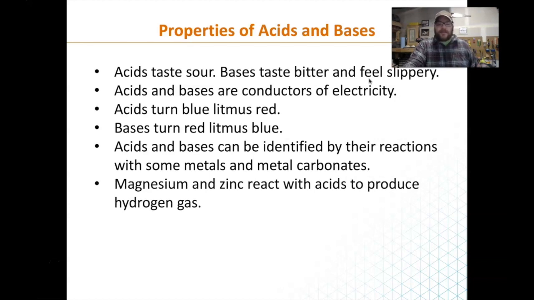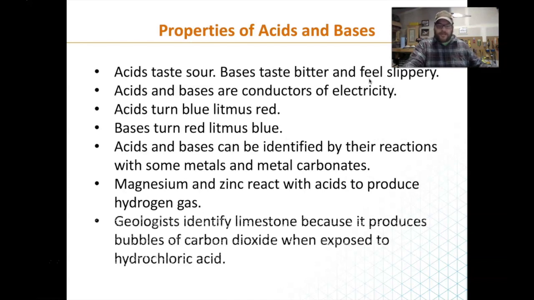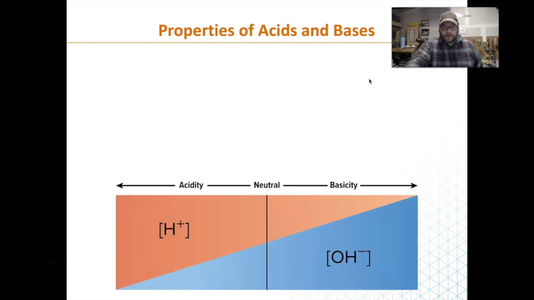For example, magnesium and zinc will react with acids to produce hydrogen gas. Geologists identify limestone in the earth by producing carbon dioxide when they drip hydrochloric acid on it. So geologists actually use chemistry to help identify rocks or minerals, things like that.